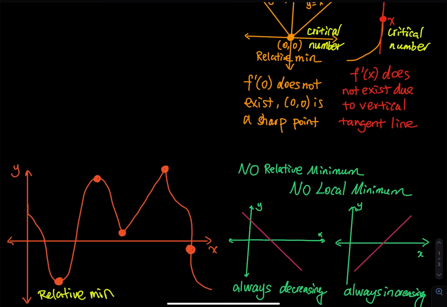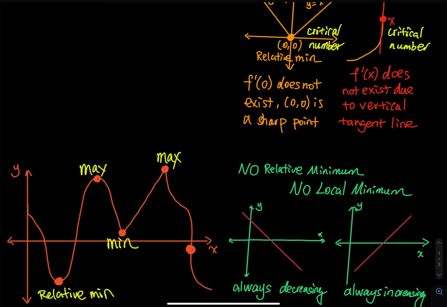What about this one? It is going up, then horizontal tangent, and then going down. So this is a relative maximum. This one is going down and then going up, but it looks like we have a sharp point. It's okay, this is still a relative minimum. And this is going up and then going down. Even though that is a sharp point, this is still a maximum.